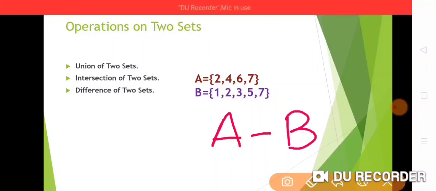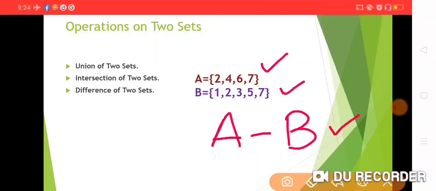Now, if I want to take the difference of A and B, how am I going to take it? First, this is your A set and this is your B set. If I want to take the difference of the two sets, first we have to find out the numbers that are common.